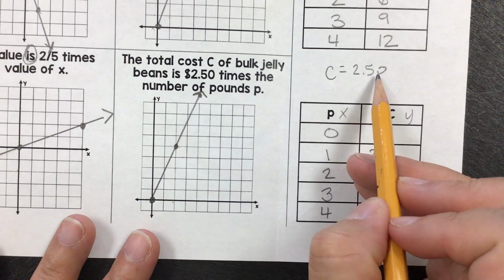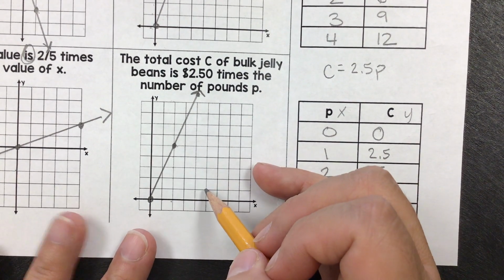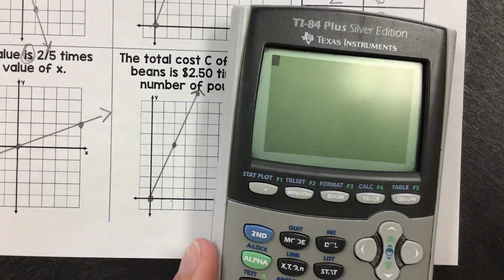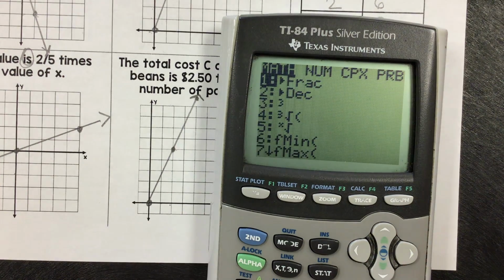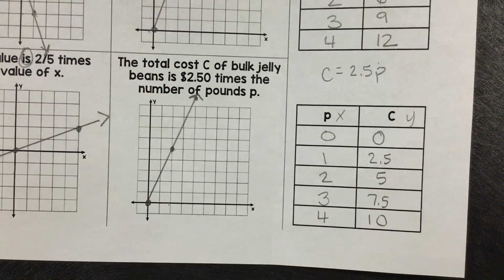So back to the slope thing. This is important. We didn't have the slope, so this is where we could have just done the 2.5 as a fraction. So that's 2.5, Math, enter, enter, 5 halves.